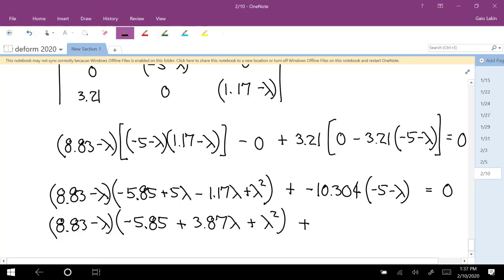I guess plus 10.304 times negative 5, or 10.304 times 5. 51.52. Am I losing you? 51.52, and then plus 10.304 lambda, and that's equal to 0.